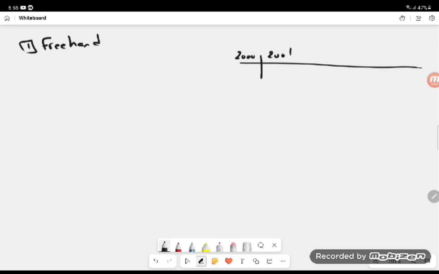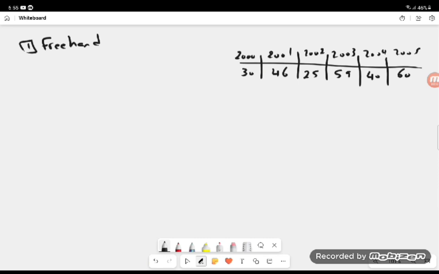Here is a sample of number of employees, for example, over a period from 2000 to 2005. We would like to plot the graph or to use the freehand method.